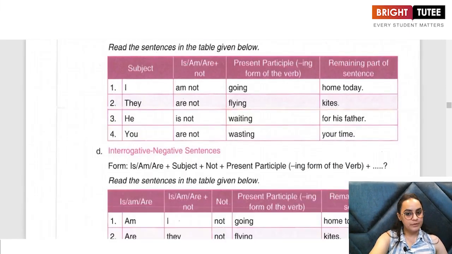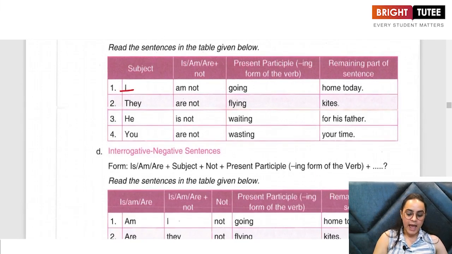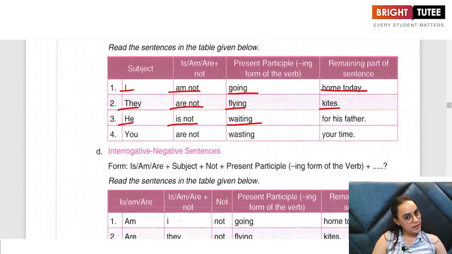For example, I am not going home today. They are not flying kites. He is not waiting for his father. You are not wasting your time.